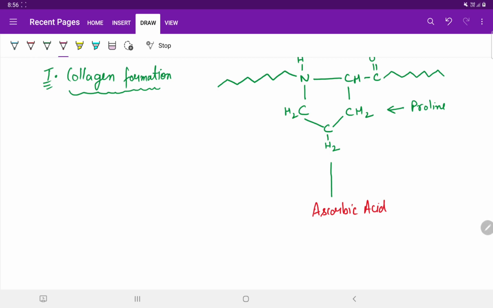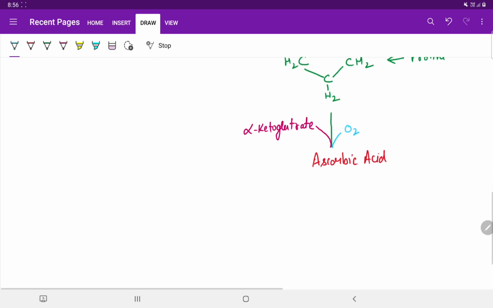So, it also involves the addition of alpha ketoglutarate and a molecule of oxygen, and ultimately a water molecule is released out with succinate and carbon dioxide.